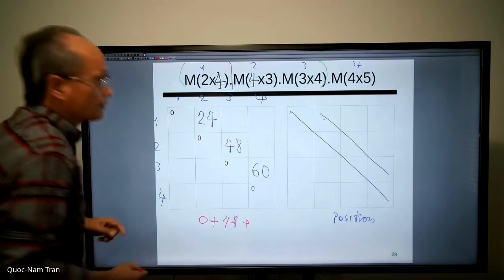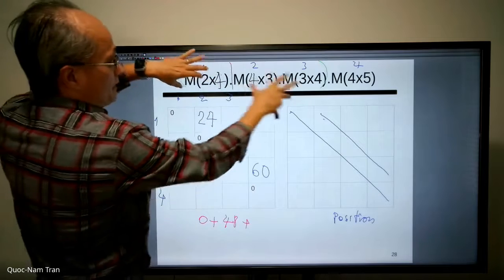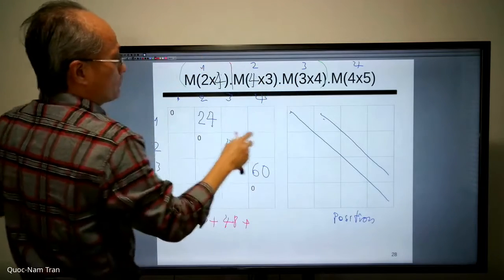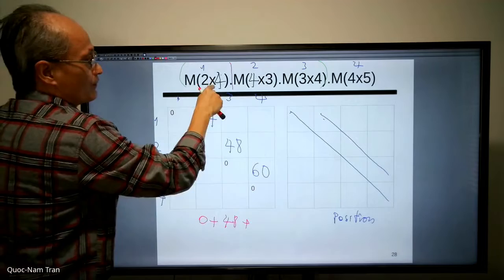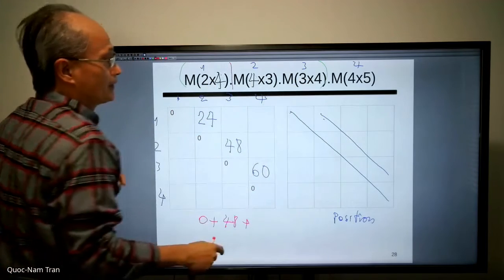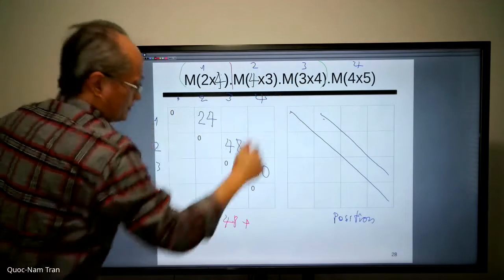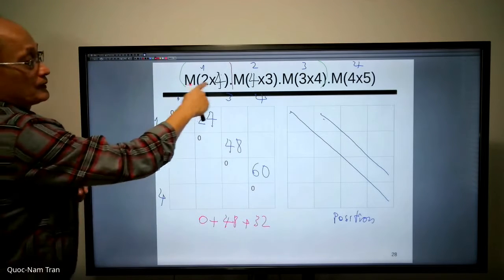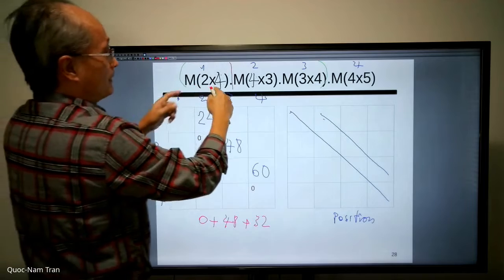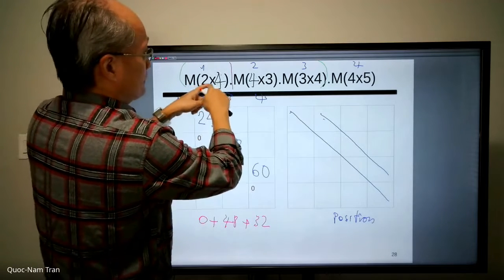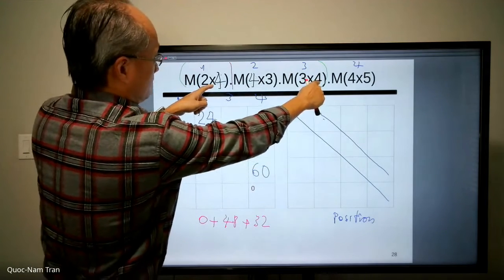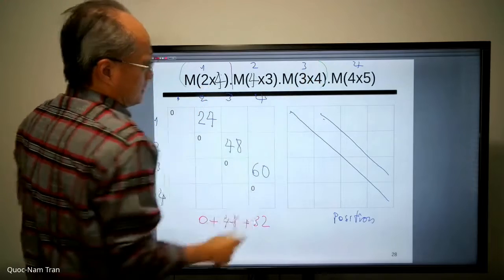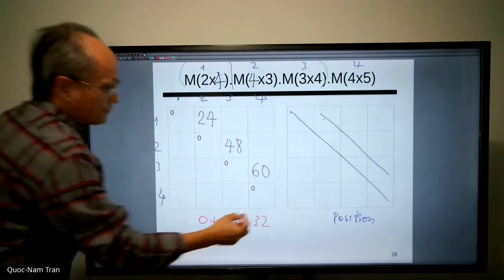Plus the cost for multiplying the results together. So we have 2 times 4 times 4, right? Okay, so 32, 2 times 4 is 8, right? So 8 times 4 is 32.